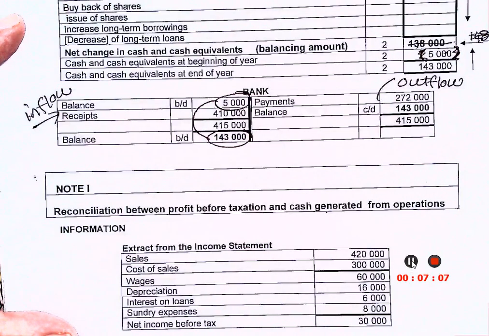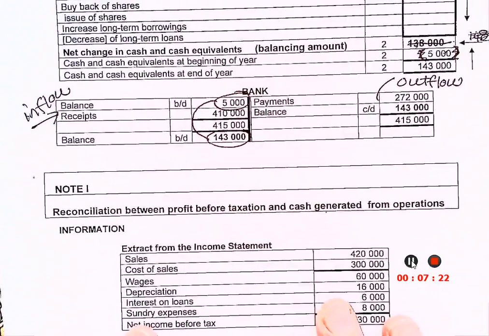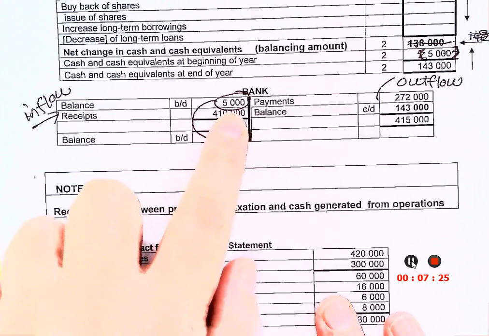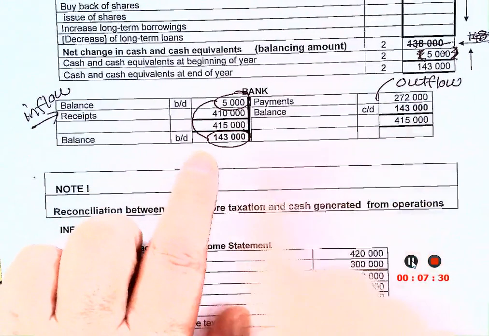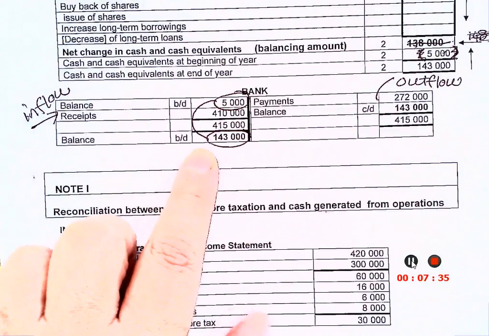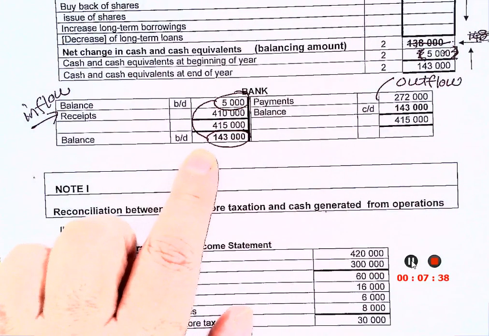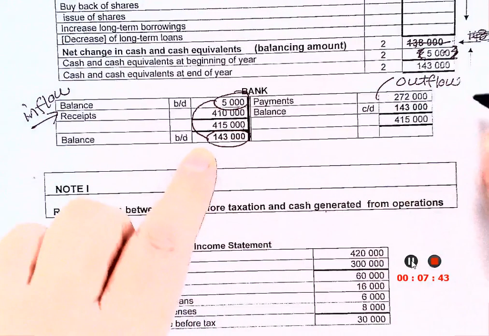It's not just about what I receive, it's about everything coming into my bank and going out of my bank. What is the net effect? When I look at this, I say I had an opening of 5 plus receipts, less payments, so I still have in my bank available 143,000. With the cash flow, I am saying, oh, I had 5,000.